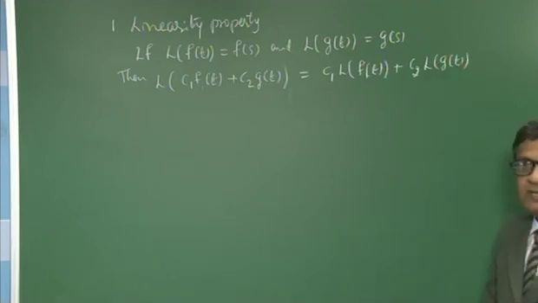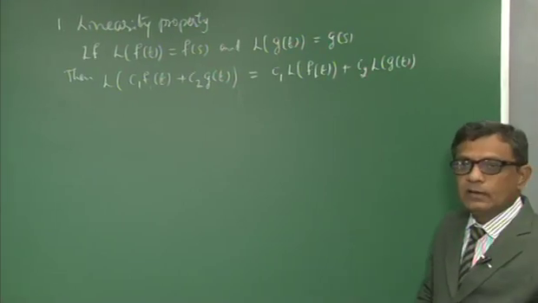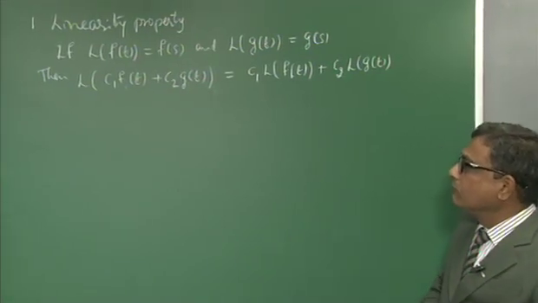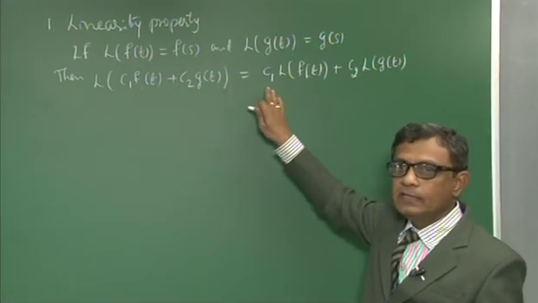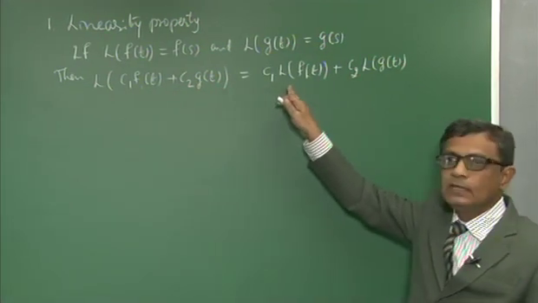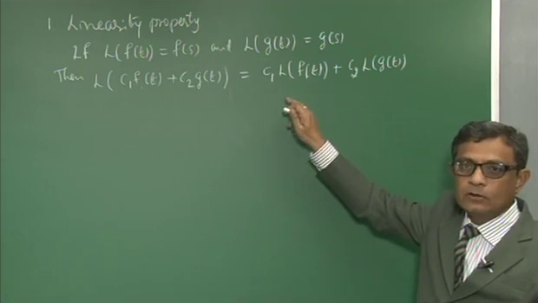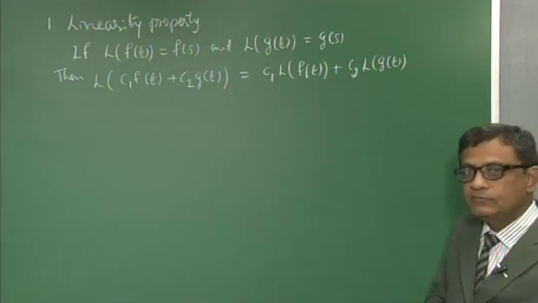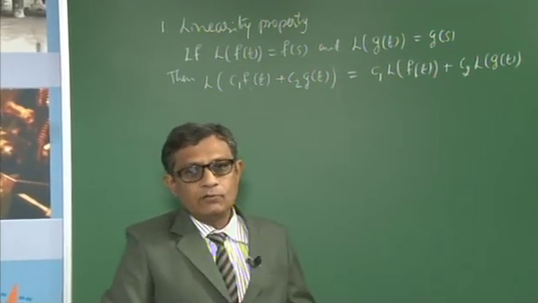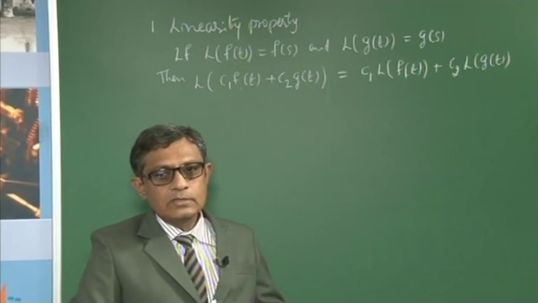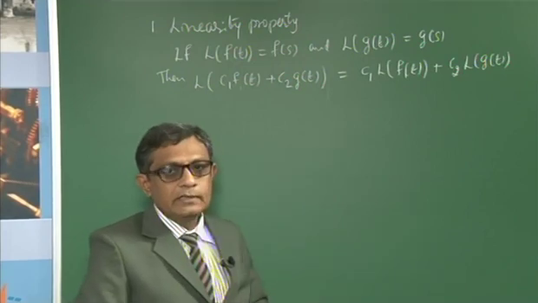This is the first fundamental property. If the function is multiplied by some constant, we can take the constant outside the Laplace transform operator, and the proof is very simple. Just by using the definition of Laplace transform we will get the required result.